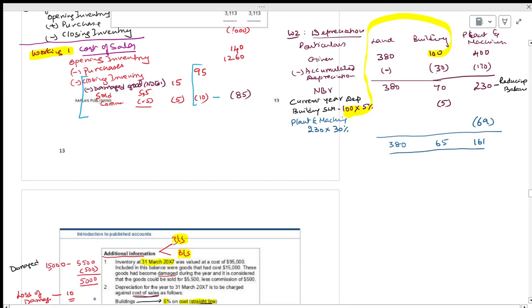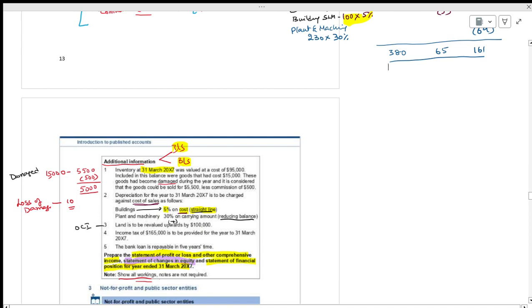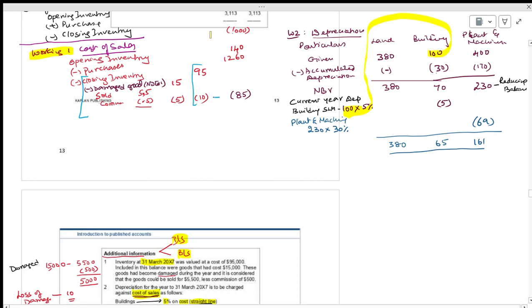Now, see what they are saying in point number 2. They are asking that it has to be shown in cost of sales. Is it right? If it has to be shown in cost of sales, what do we have to mention?